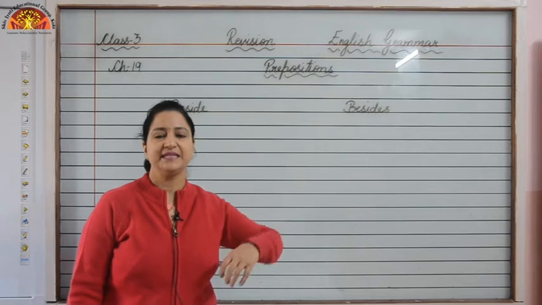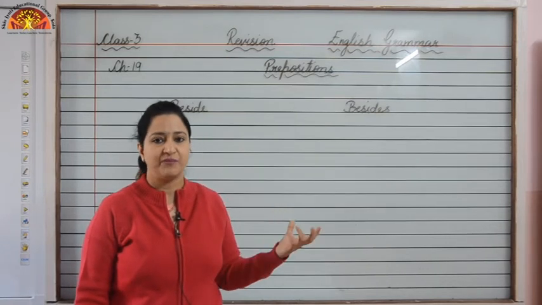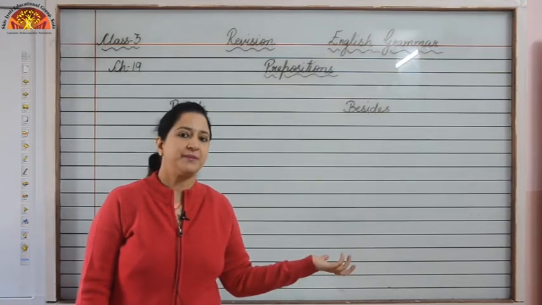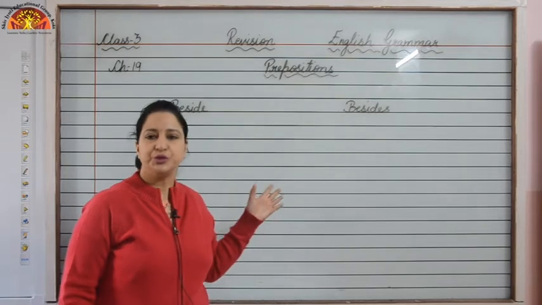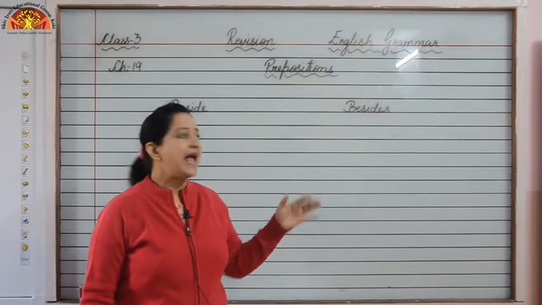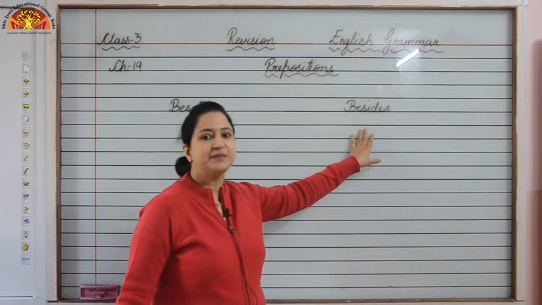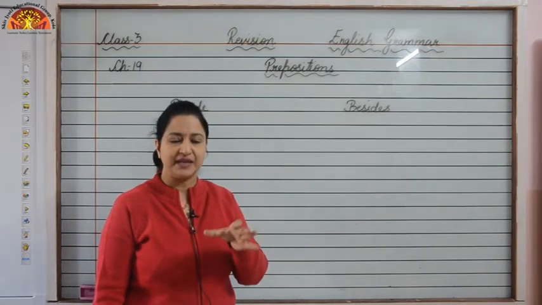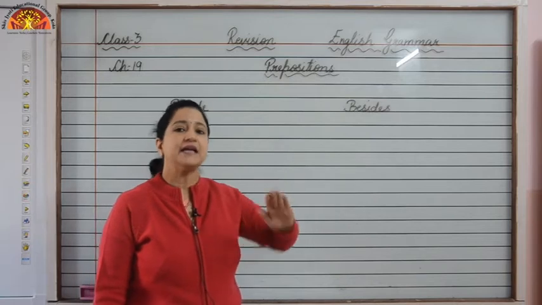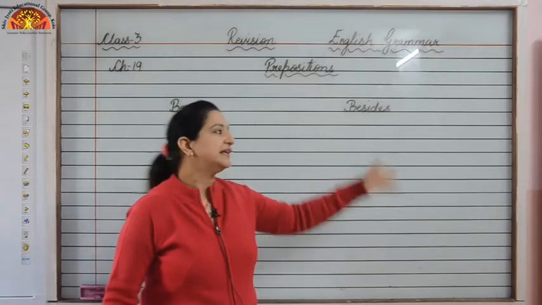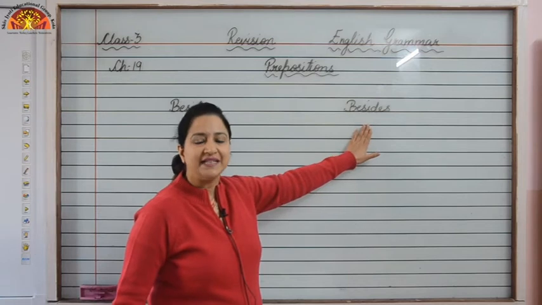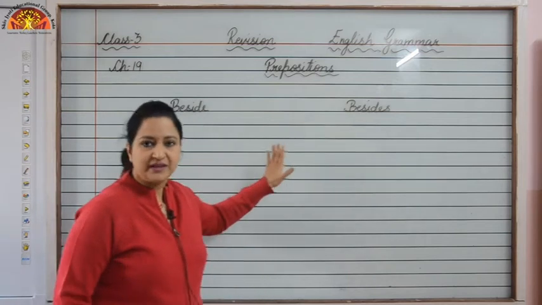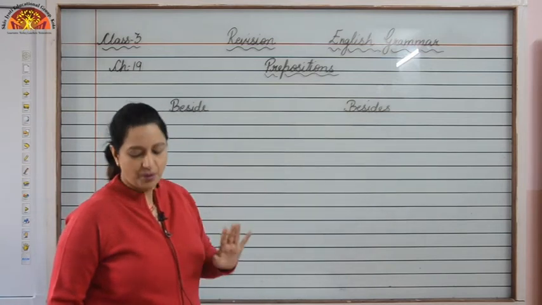When we are talking about something or someone which is next to something or someone, then we use beside. And besides means apart from. When we are talking about something that is apart from another thing, then we use besides. With examples you can understand more.